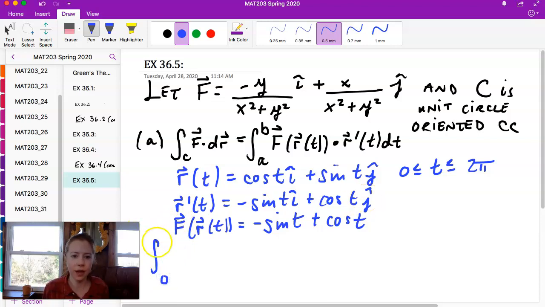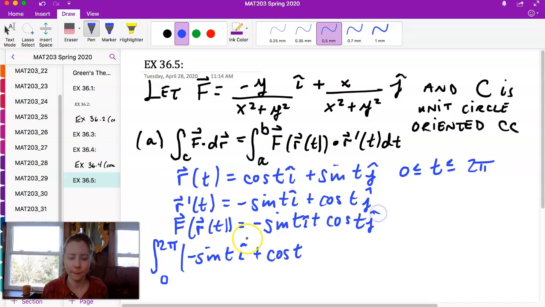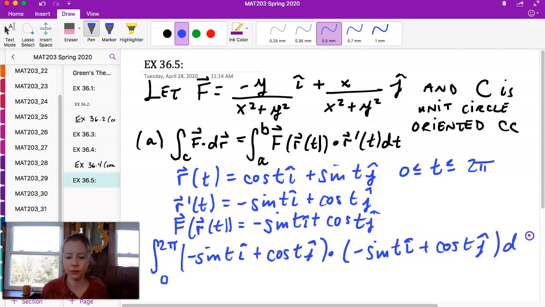So we're going to go from 0 to 2 pi, that's our time interval, of minus sine t i hat plus cosine t j hat, I'm using the i hat and j hat here, dotted with minus sine t i hat, so the derivative, plus cosine t j hat dt.